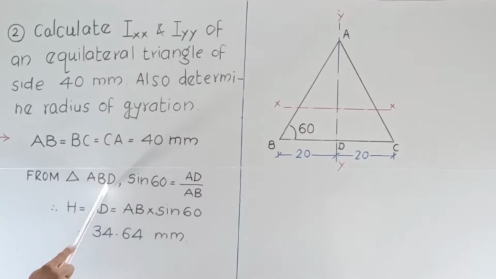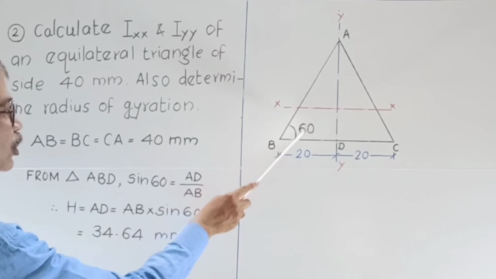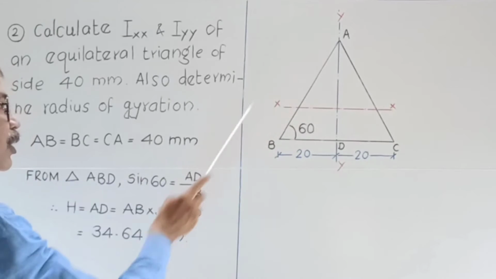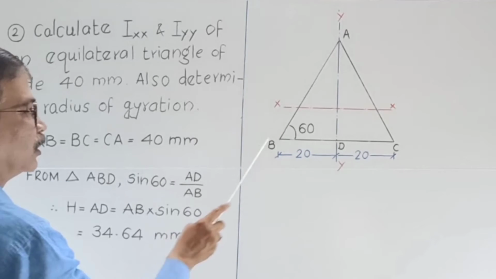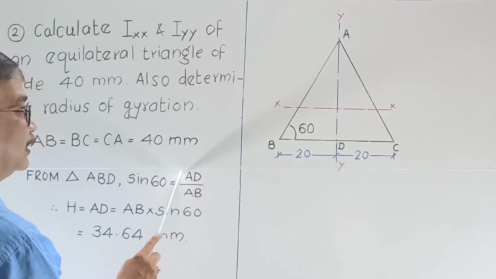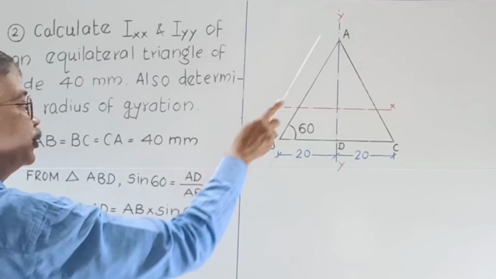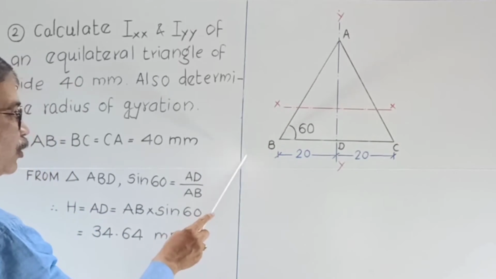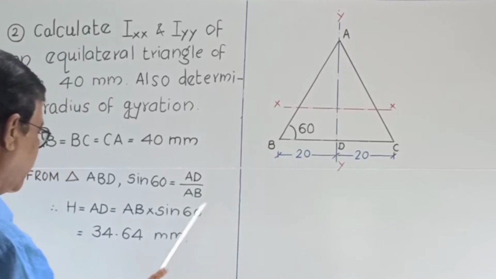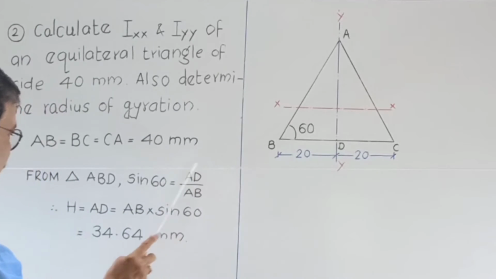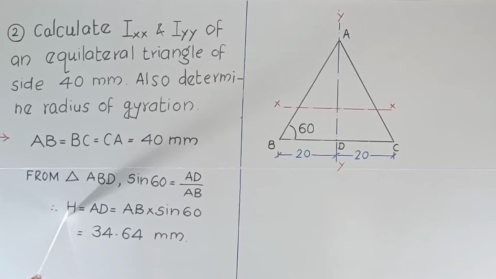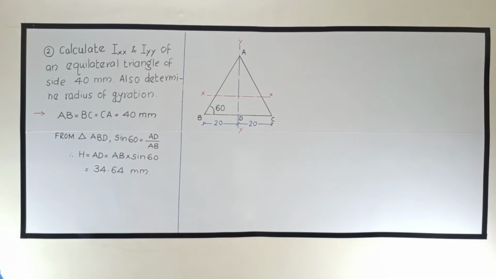From triangle ABD, sine of 60 is opposite side upon hypotenuse, so opposite side AD upon hypotenuse AB. We know that AB is equal to 40 mm. So AD, which is the height, will be AB into sine 60, that is 34.64 mm. Do you understand this?